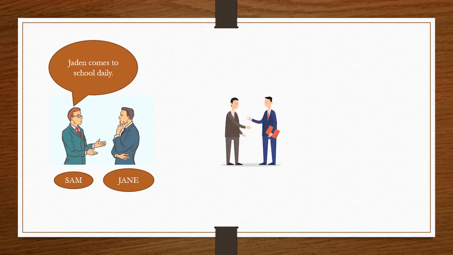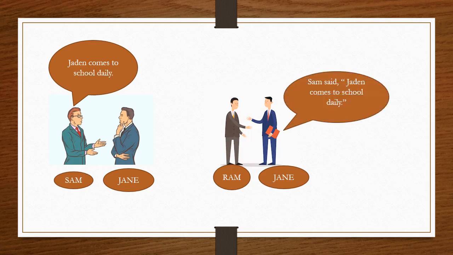Now in the second picture, you can see a third person has joined. His name is Ram and Jane is saying something to Ram. Here Jane says, Sam said, "Jaden comes to school daily."